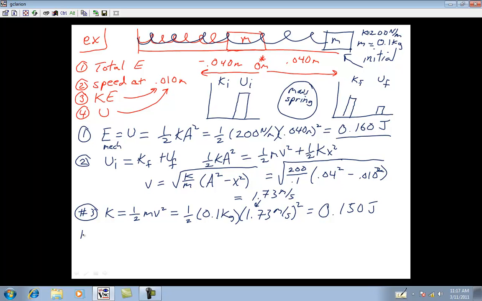And number 4 asks, what's the potential energy at that location? So how would I go about figuring that out? Good. So my total mechanical energy, like we said, should be equal to the kinetic energy and the potential. So my potential energy there would be equal to the total mechanical minus the kinetic, and that's what we would expect from our energy model.